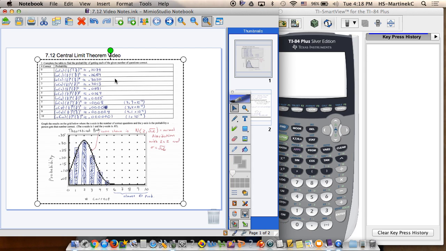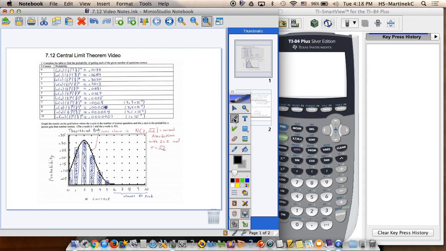And then you graphed it, and this little curve along here was already on the paper. That little curve represents a normal curve. It's the normal curve when the mean was 2, so there's the mean, and the standard deviation was the square root of 1.6, which we used Bernoulli formulas to find.